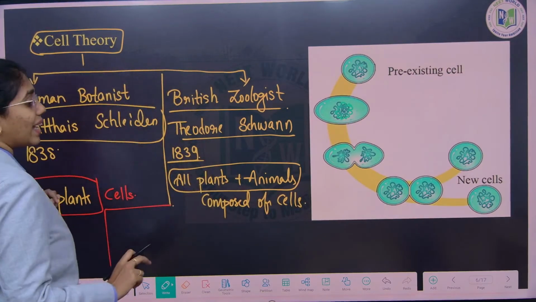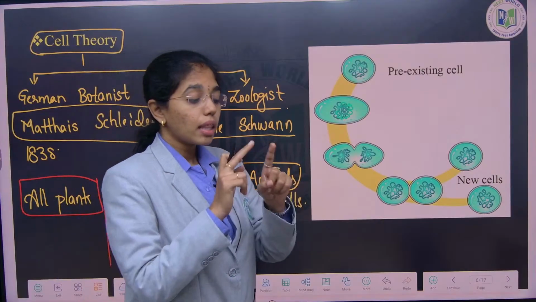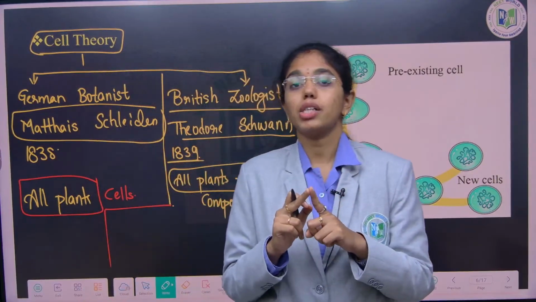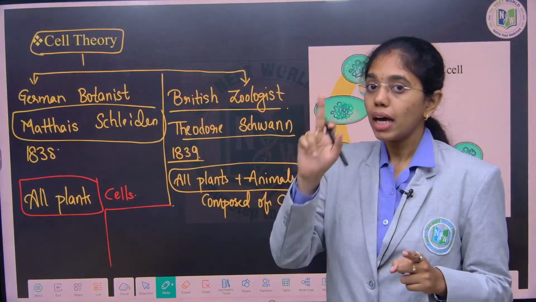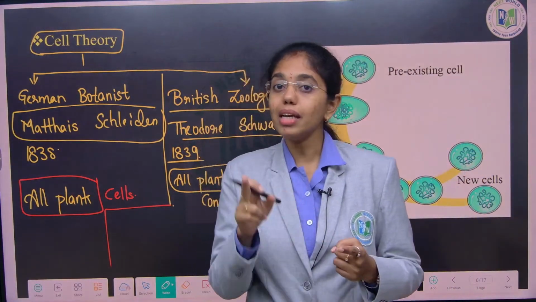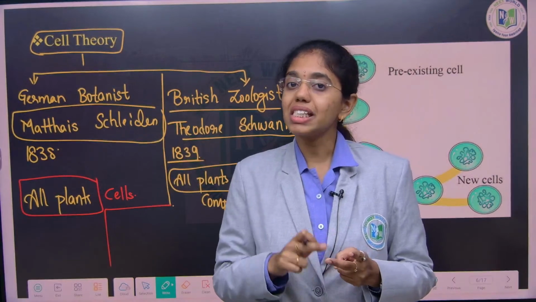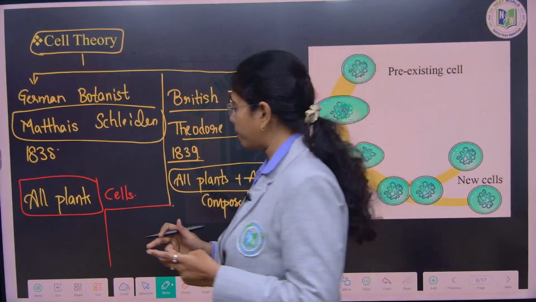He has also highlighted the point that the limiting boundary of a plant cell is cell wall. Though he is a zoologist, he has set the point that the plant cell's limiting boundary is cell wall, whereas animal cell's limiting boundary is cell membrane. Okay?